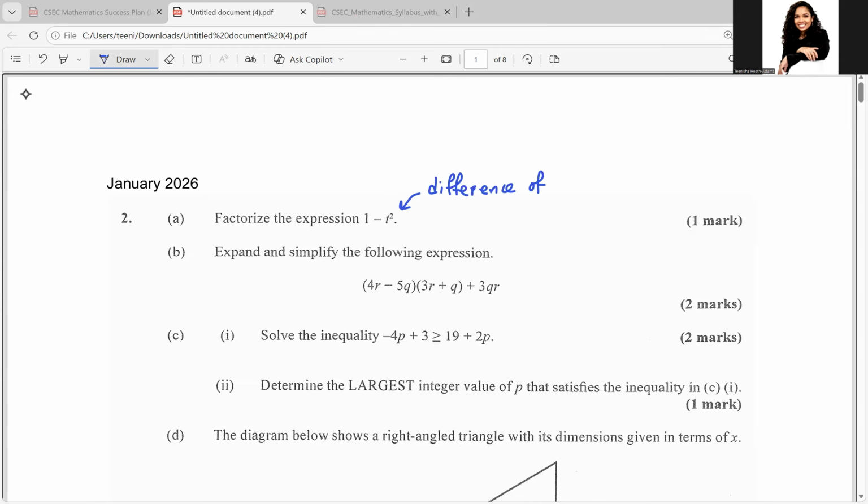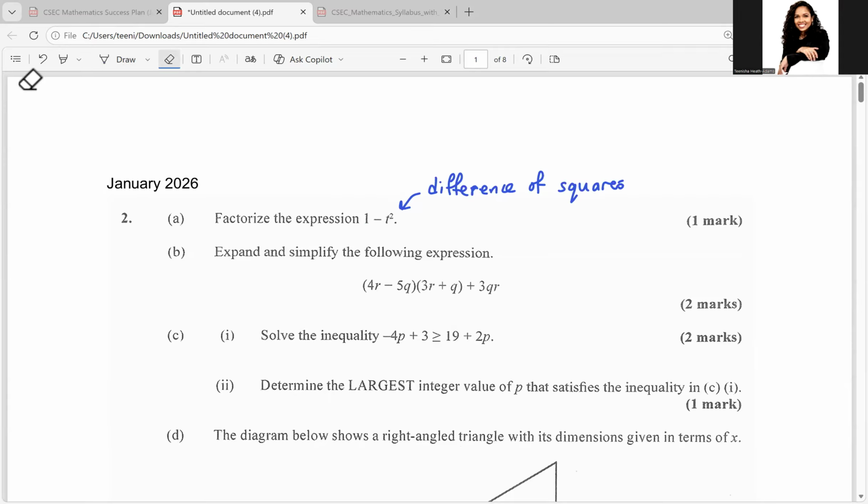A difference of squares. And there is a standard way to factorize a difference of squares. The reason we call it a difference of squares is that difference means subtraction, right? So this is a subtraction expression here. And you have two square numbers.